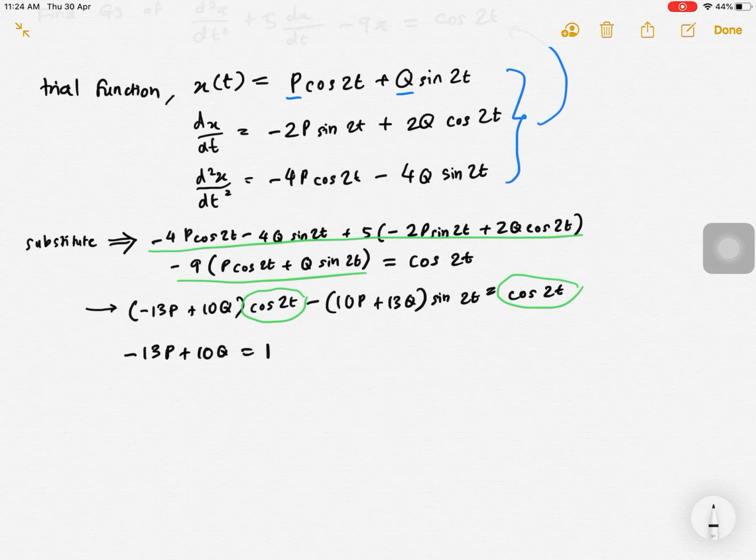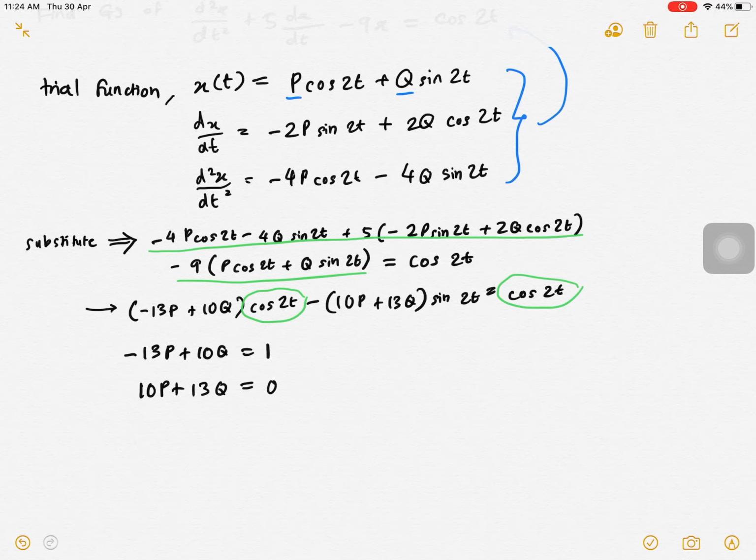We also have another equation from the sin 2t comparison, which is 10p plus 13q is equal to 0.